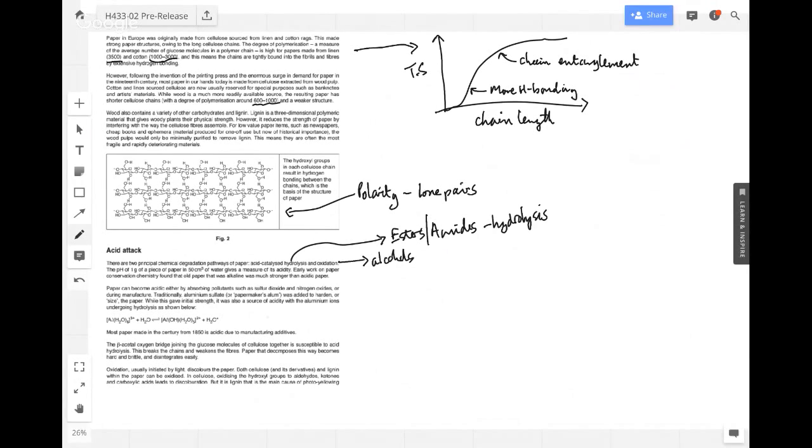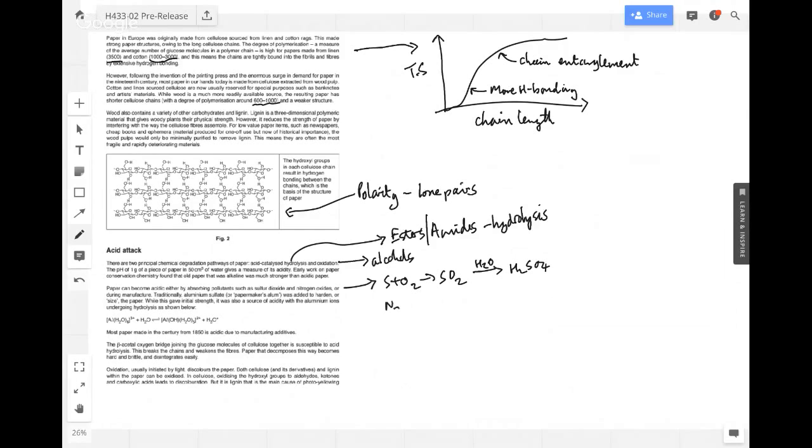Okay, so that's oxidation reactions, and we've got some hydrolysis reactions. And then it says paper can become acidic either by absorbing pollutants such as sulfur dioxide and nitrogen dioxide. Well, conceivably, you could be asked about where they're going to come from. So sulfur dioxide comes from the oxidation of sulfur when you burn things like coal, and it also comes from volcanoes, and then add a bit of moisture to that, and ultimately you get sulfuric acid.